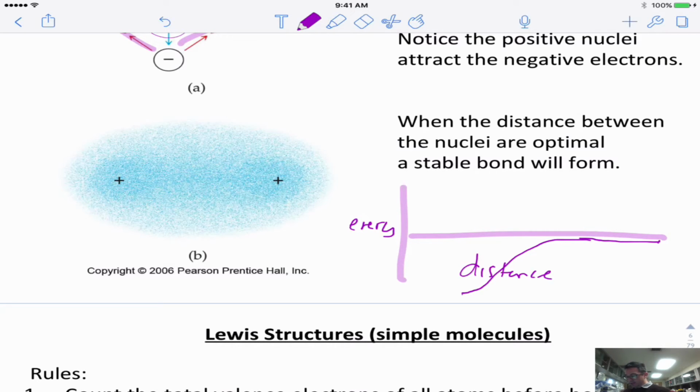And right here, this is where I have my stable bond. If I try and bring the nuclei any closer together, the energy will shoot up like this, and we'll end up with an unstable bond. So this point right down here at the bottom, this is my bond. This is where I have my atoms bonded together.